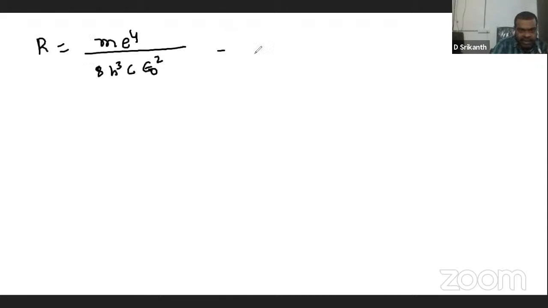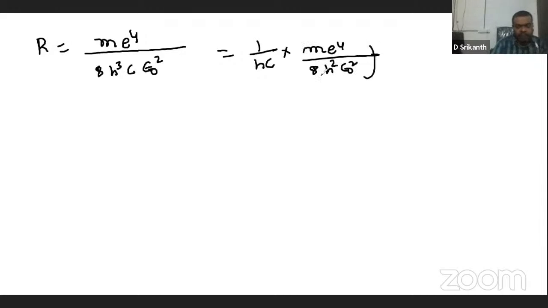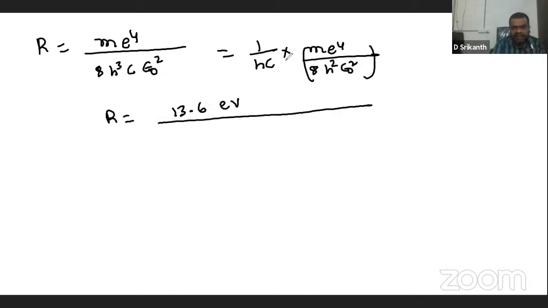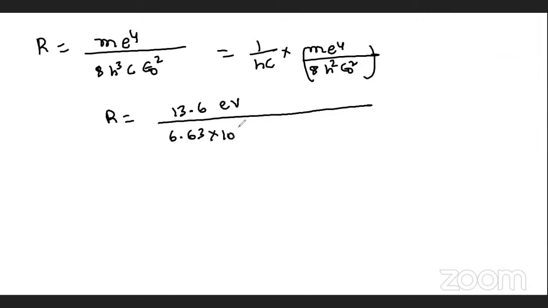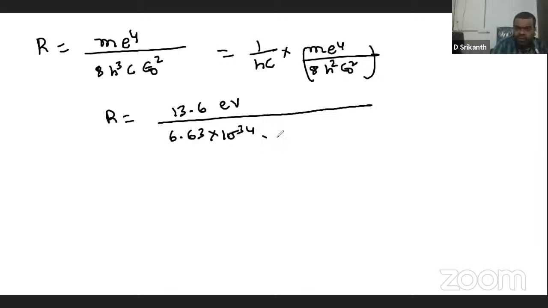So here I can write 1 by hc into m e power 4 by 8 h square epsilon naught square. That is this value, we know that it is 13.6 electron volt. Hc is 6.63 into 10 power minus 34 into 3 into 10 power 8.